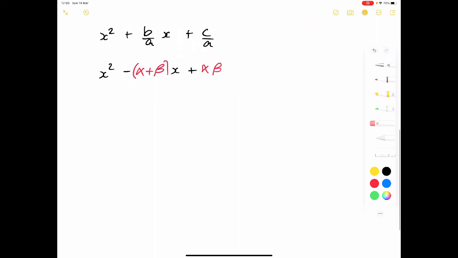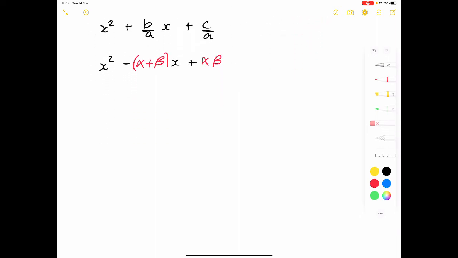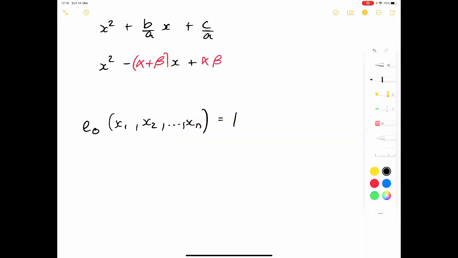So E0, denoted with an E and a little 0, of our terms x1, x2, all the way to xn, is always equal to 1. It is the identity elementary symmetric polynomial.